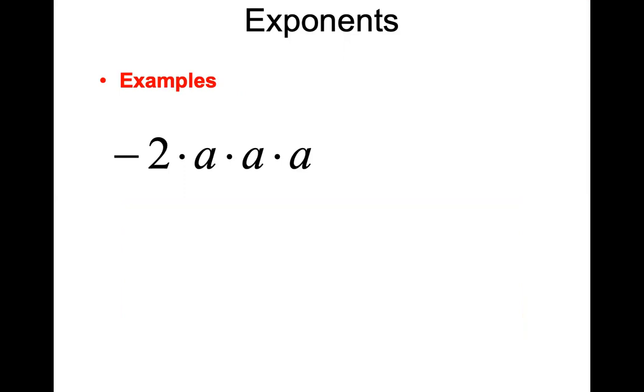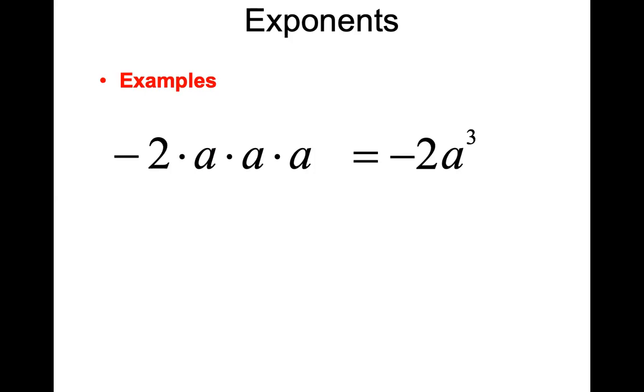The a's. There's only one -2. The -2 is not being repeatedly multiplied, but I've got 3 a's. So, same process with variables. The base is going to be a, and how many a's do I have? 3. And then tack on a -2. The -2 has no friends to be exponents with, but the a does.